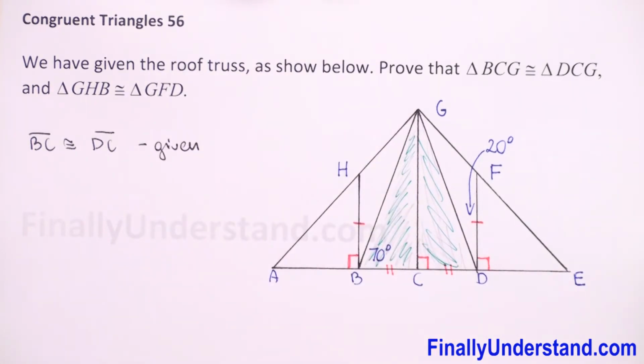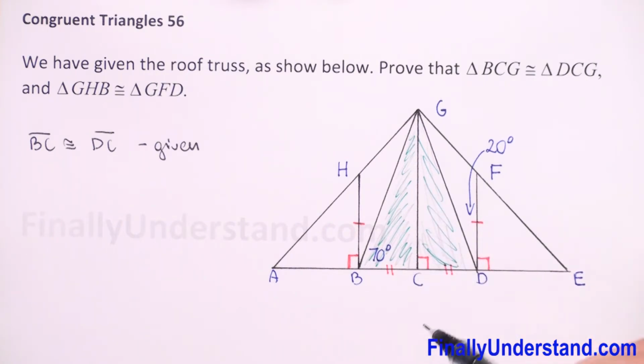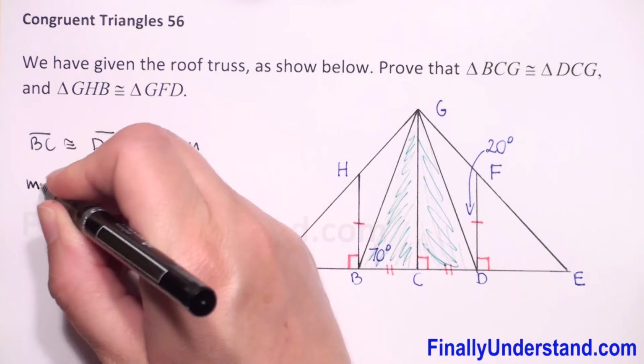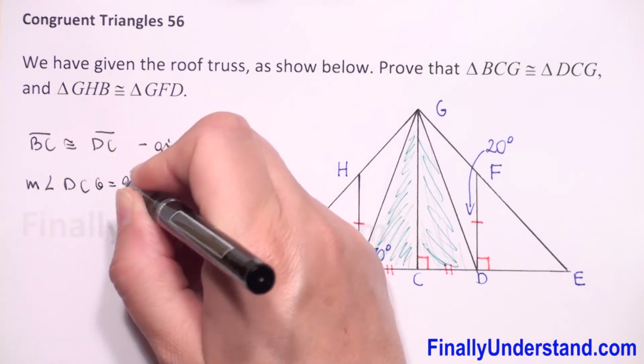What else do we have here? We have that angle DCG is a right angle, so it has 90 degrees. It means that angle BCG has 90 degrees too, because angle BCG is the supplementary angle of angle DCG. So we are given that the measure of angle DCG is 90 degrees.